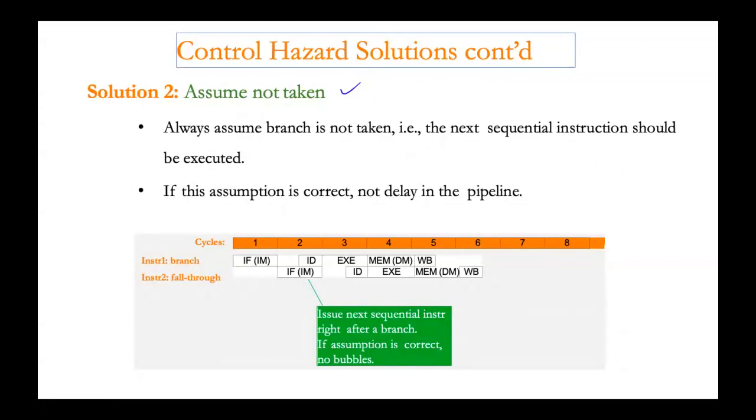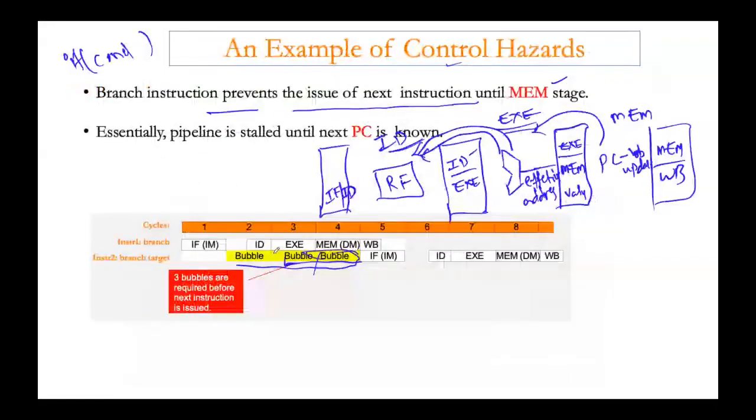In this assume not taken, as we saw, we can insert stalls until we find out whether or not the branch is taken. However, this slows the pipeline, since we stall in all these cases.